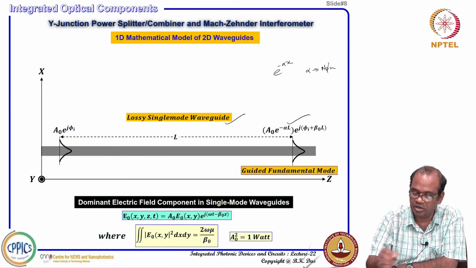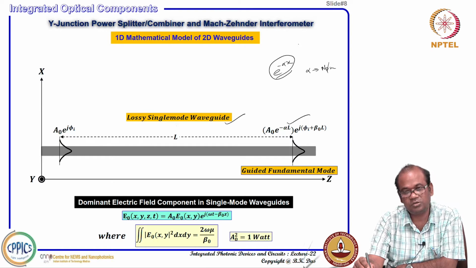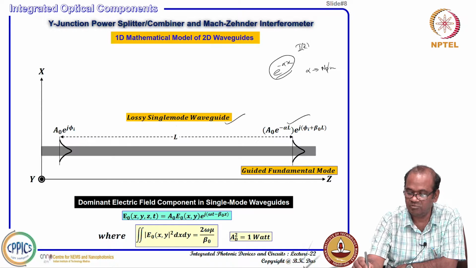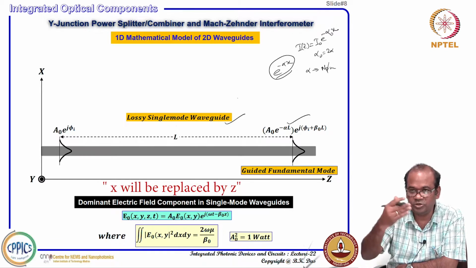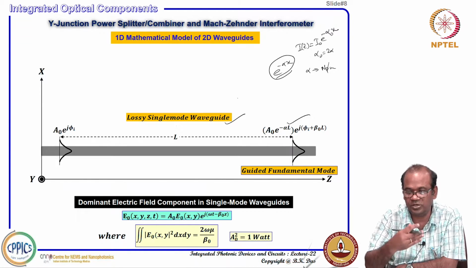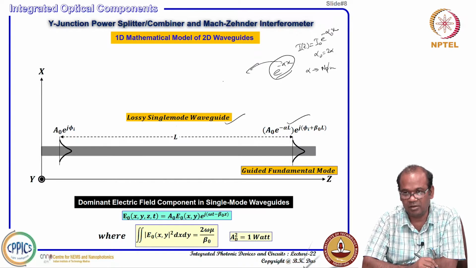Normally for amplitude, we have also discussed earlier the so called Beer's law, I z equal to I naught e to the power minus alpha naught x, for example, where alpha naught will be 2 alpha, because alpha is the amplitude loss coefficient. This is sometimes called the loss coefficient for the field amplitude.